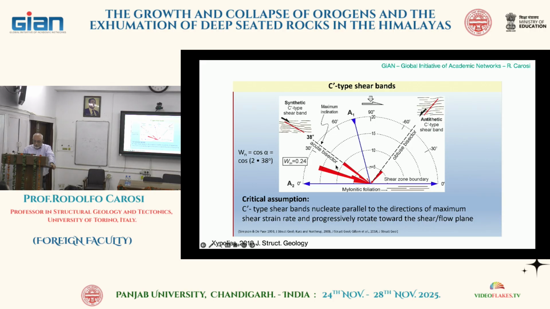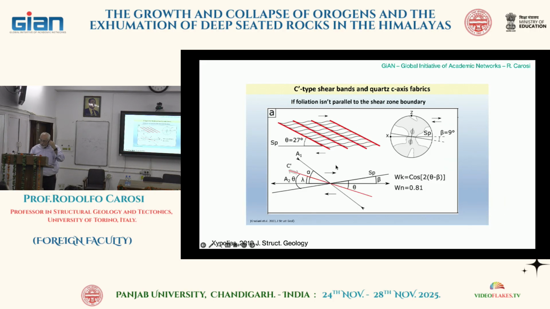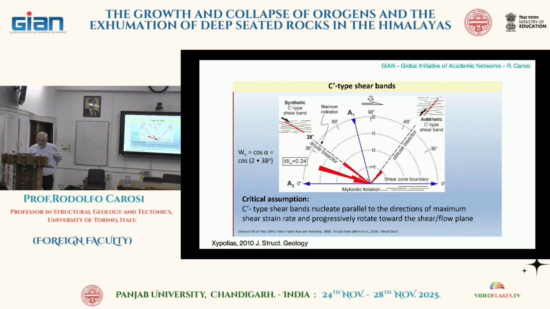Of course, the problem is that sometimes these C prime shear bands rotate, so you can see a lot of measurements here, and you can take some 10, 20 measurements. You take the highest angle because probably they are the ones that formed parallel to the maximum shear strain before rotation.